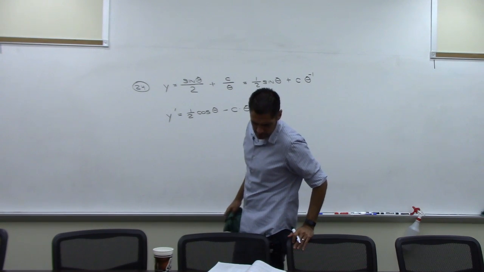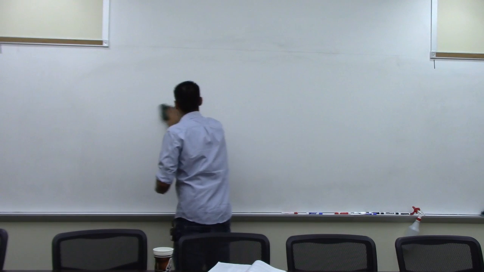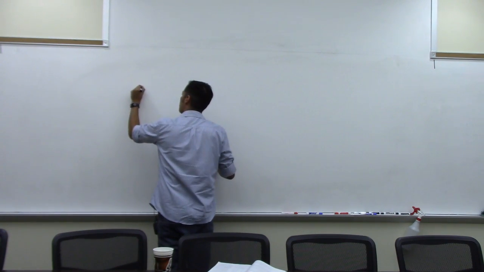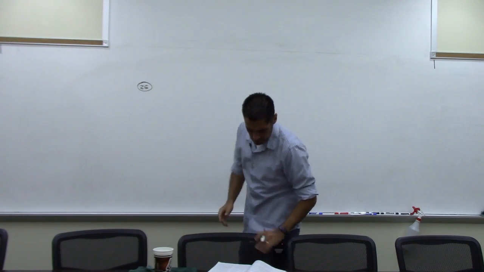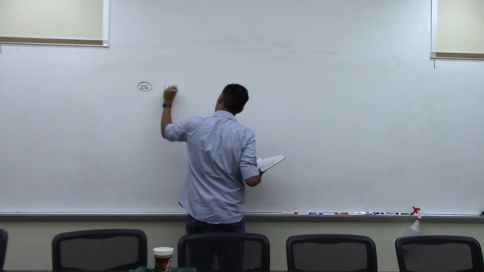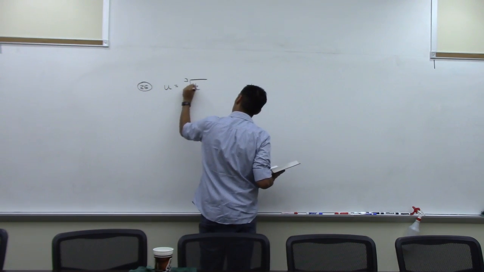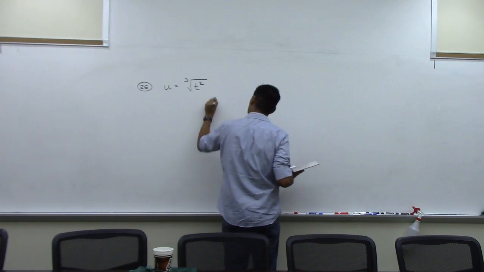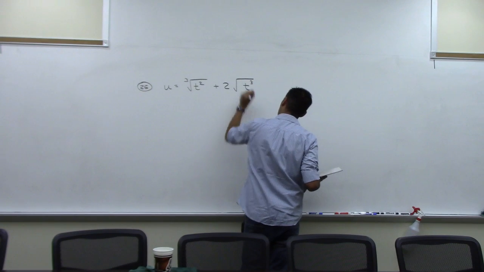And 26. u equals the cube root of t squared plus 2 square roots of t cubed.